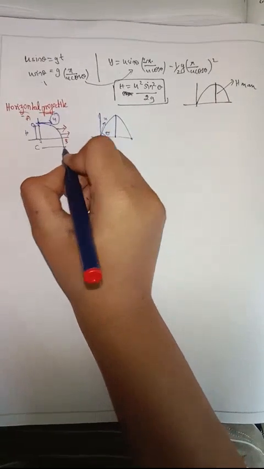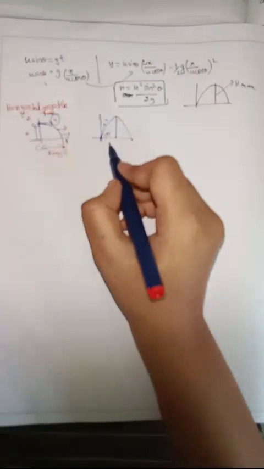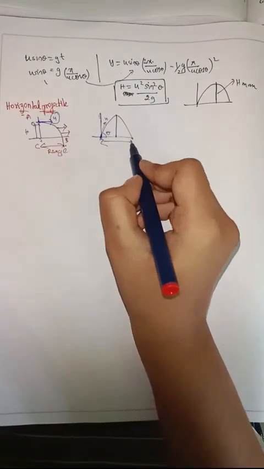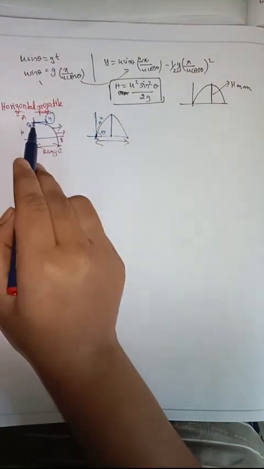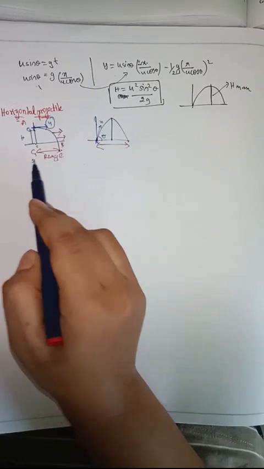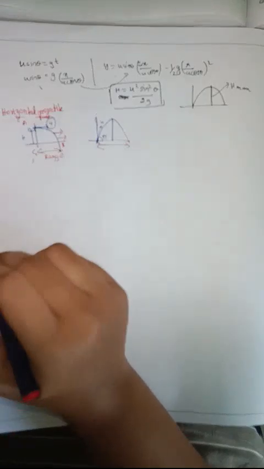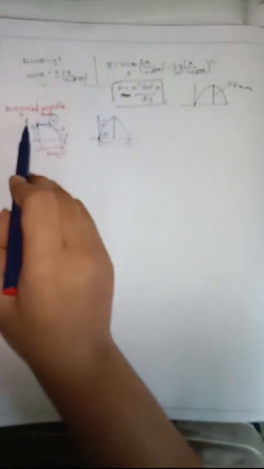Let me take these points as A, B and C. In horizontal projection we say this is the range. In projectile motion we say the point of projection and the range. Here C is the point of projection from the ground level, and the point of projection is this.